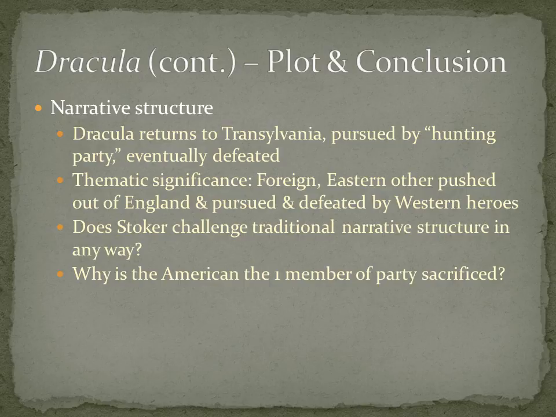So Americans aren't often portrayed in a positive light in British texts, and vice versa. And so the American is killed off, yet at the same time, the child is named for him. So you've got more than one thing going on there. But it's an interesting thing to think about. Why is Quincey the one that's killed? And that's something you can think about as well in your post when you're addressing the ending of the book.